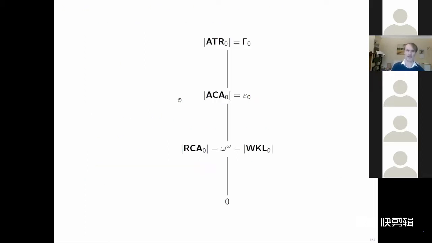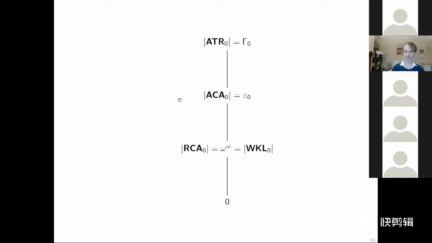Okay. So now going back maybe to the pictures here, and this will be my final piece. So we already have seen this chart here. So the first 4 systems of reverse mathematics.